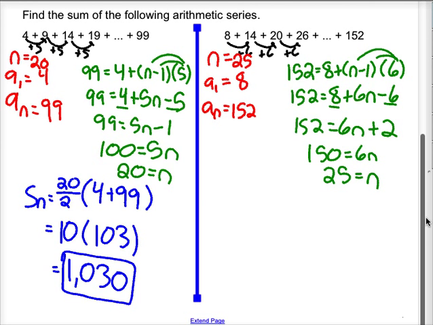So now that I know what n is, now I can go back and actually put this in the summation formula. The summation formula, again, says take that n, divide it by 2, take your first term and add it to your last term.